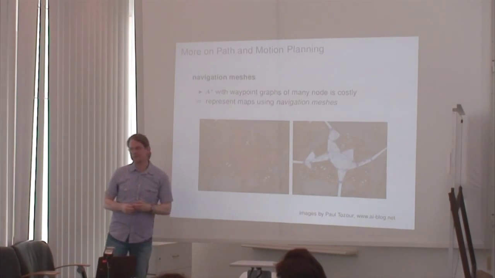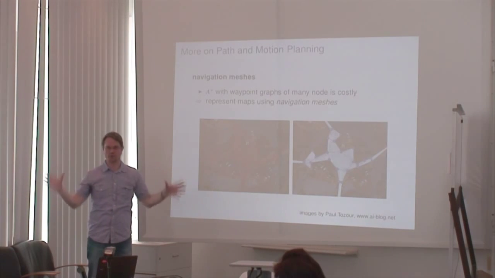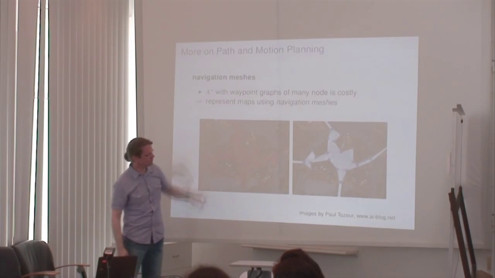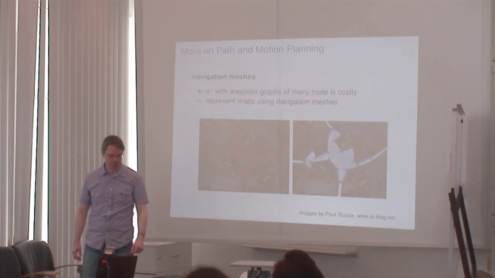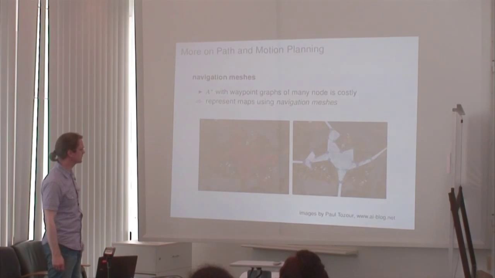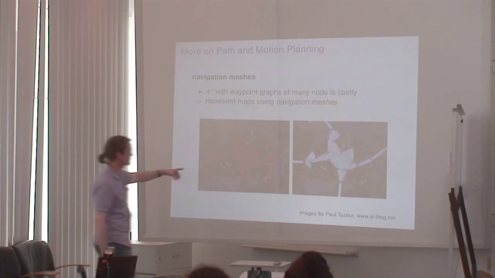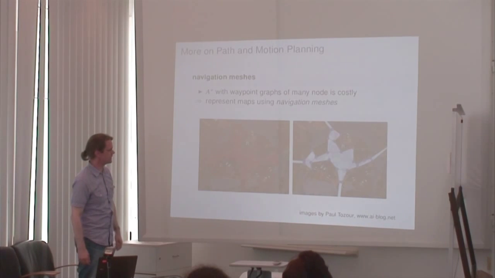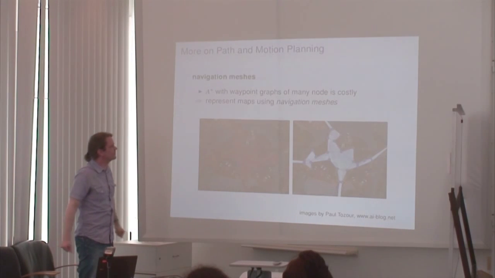And that quickly leads to very large waypoint paths. Can you see the red dots superimposed over this part of the World of Warcraft map? There are many of them.